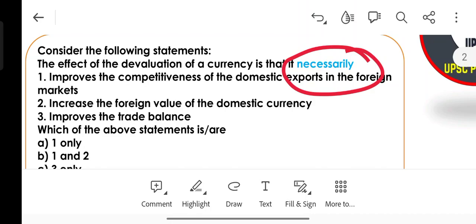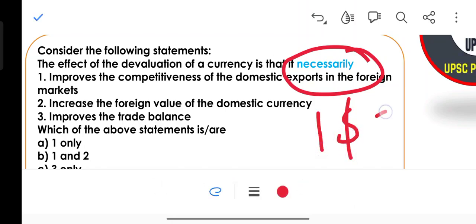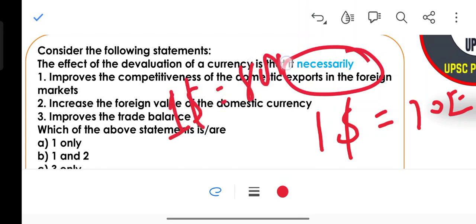So if the existing condition is $1 equals 70 rupees, and there is a devaluation of the Indian currency, and because of devaluation $1 now becomes 80 rupees, meaning the rupee got devalued. That is the meaning of devaluation, okay.